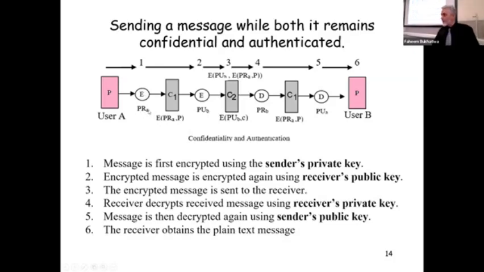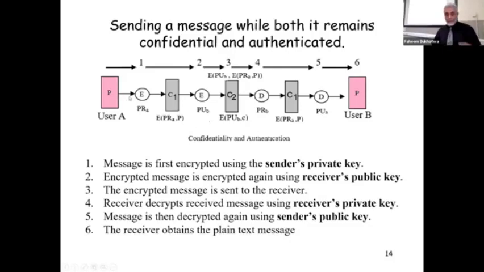PR is short for private, and A is user A, the sender. You can use S to indicate it's the sender. And that encrypted message is encrypted again using the public key of user B, who is the receiver here.